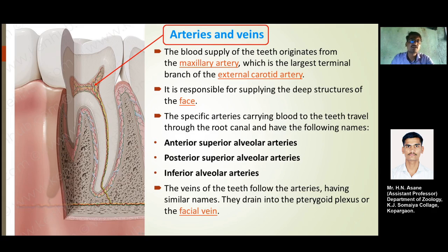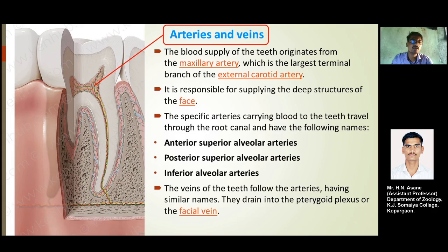Okay, the arteries and the veins, as you can see highlighted, are in the root canal as well as the pulp cavity, which have a network of arteries and veins. The arteries are highlighted in red, and the veins are highlighted in green and blue.